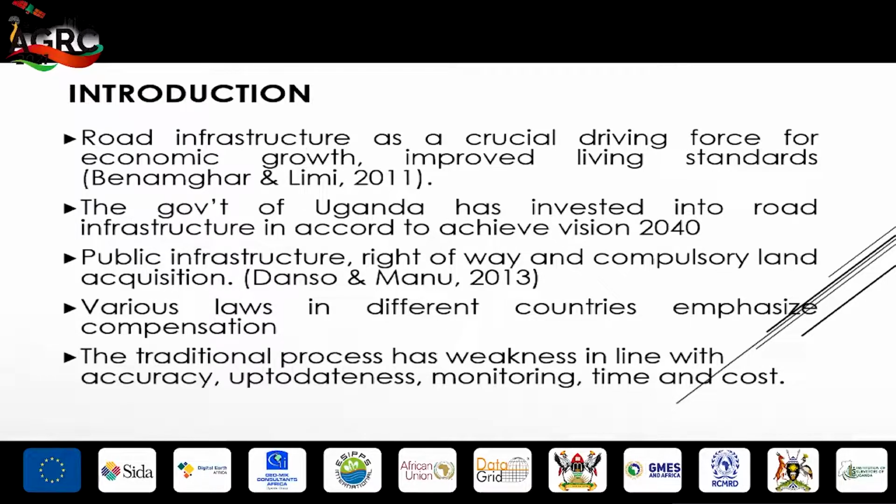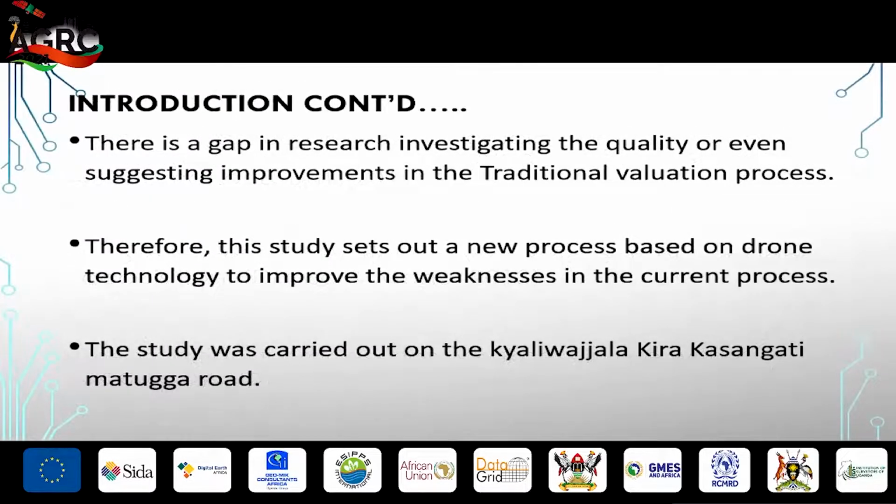Currently that's what we are using, though this process has constantly shown different weaknesses regarding time, cost, up-to-dateness, monitoring the corridor, the different developments, the encroachers into the corridor, and accuracy.